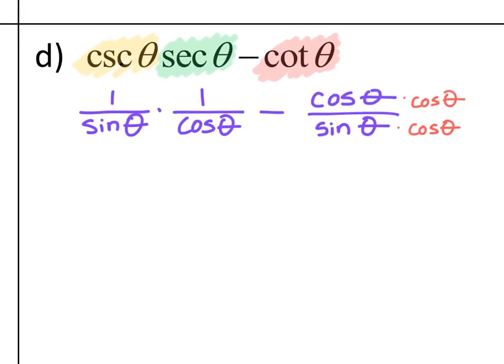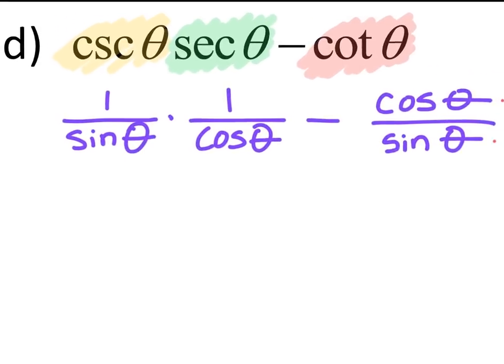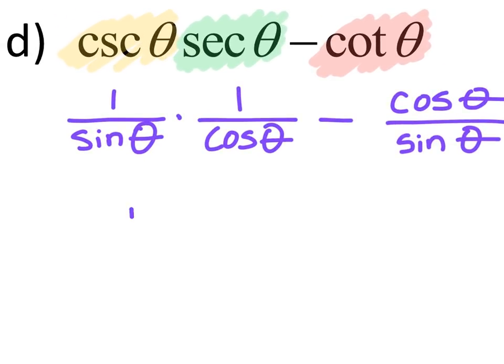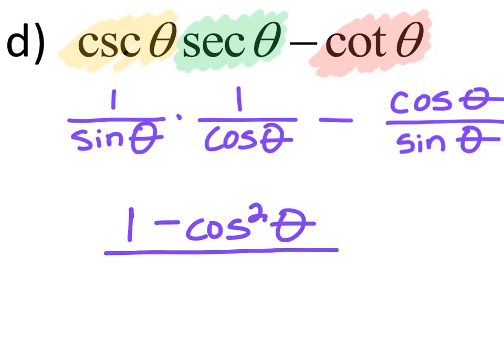And when I do that, my numerator becomes 1 minus cosine squared of theta, and the denominator is sine of theta times cosine of theta.